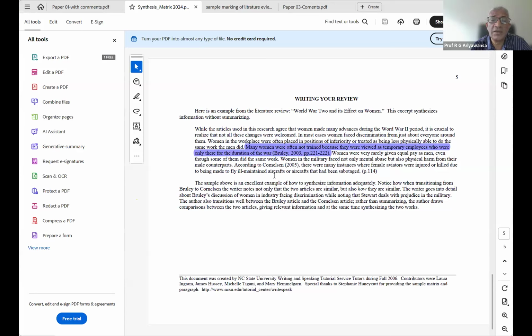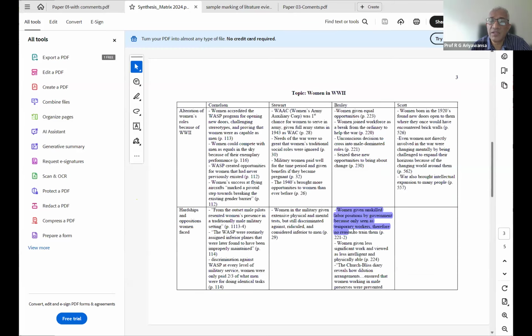For instance, here one idea I just quoted, this one. Burley is an author whom these researchers have referred to. Burley has mentioned that women were given unskilled labor positions by government because they were only seen as temporary workers.